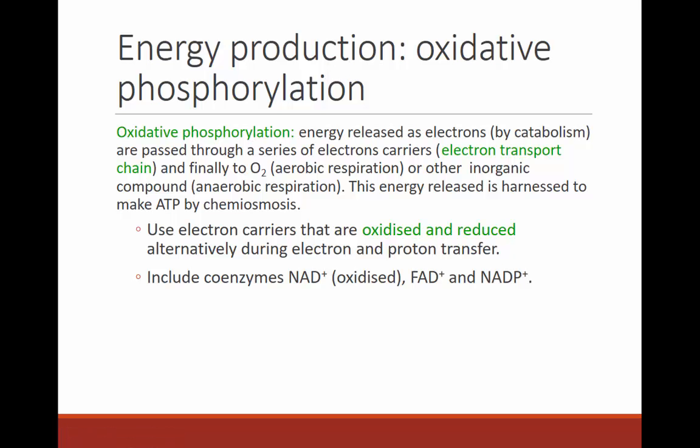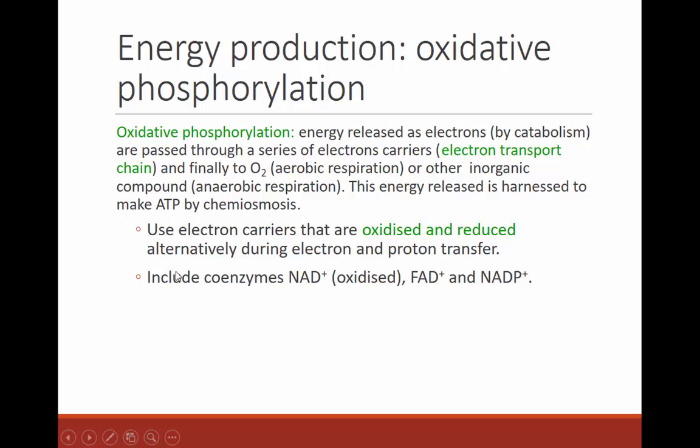Then we've got oxidative phosphorylation. Now this is a little bit more tricky. So you've got energy released as electrons, and you've got a series of events that occur and then that end electron is used in the production of energy.